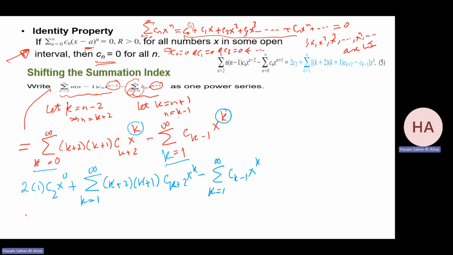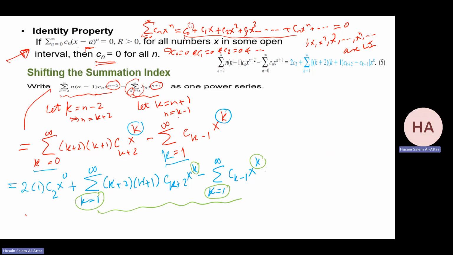As I said, this is just a procedure you need to follow. Now, if you notice, the power is the same, and also the starting index is the same. So these two series I can combine into one.